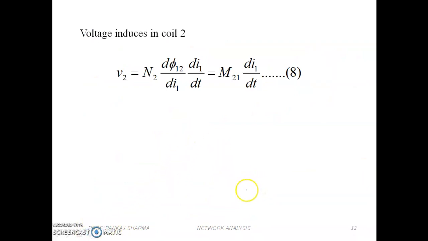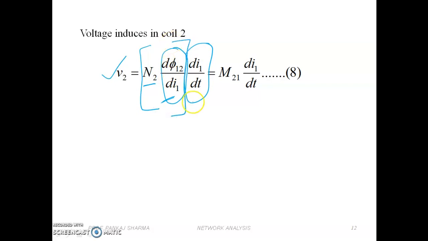Thus, voltage induced in coil 2 is given by V2 is equal to N2, the number of turns of coil 2, into d phi 12 by di1 into di1 by dt, and this N2 into d phi 12 by di1 is your M21.